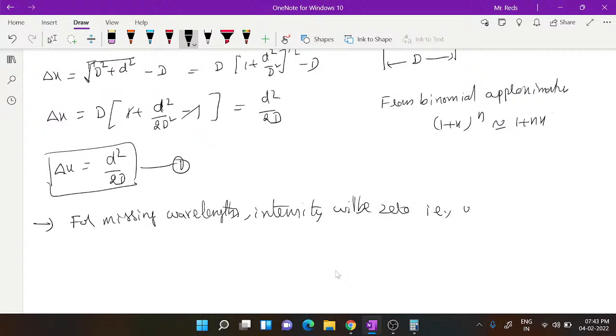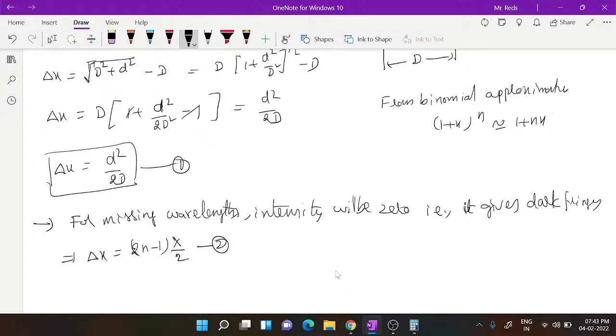That implies the path difference for dark fringes will be 2n minus 1 into lambda by 2. Let's say this is equation 2. So usually in such a case we get this path difference.